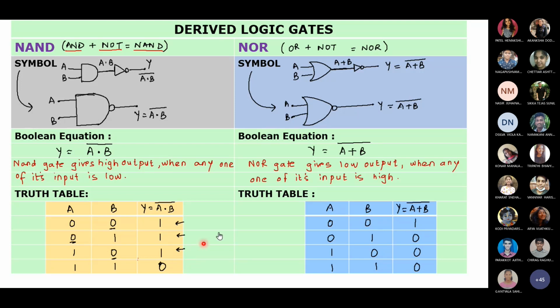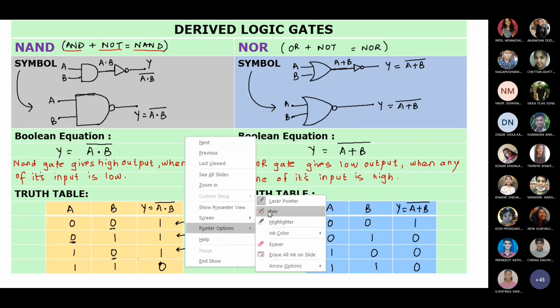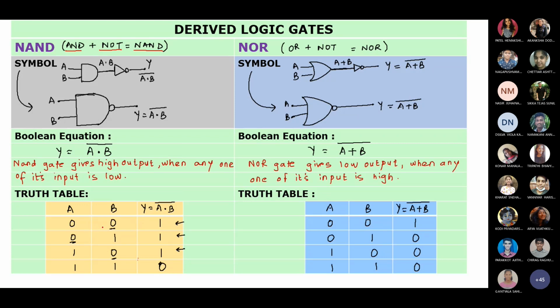What was your AND logic? When A and B are both high, the output is high. Otherwise it is low. NAND will be the opposite of it. That's why this 0 turns to 1, this 0 turns to 1, this 0 turns to 1, and this 1 turns to 0.